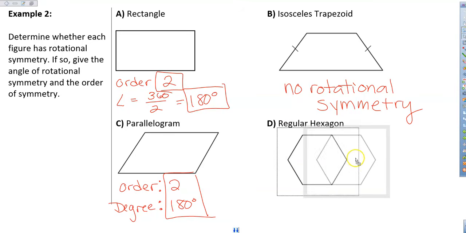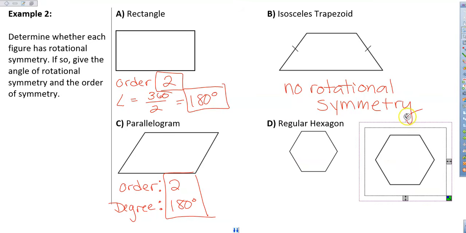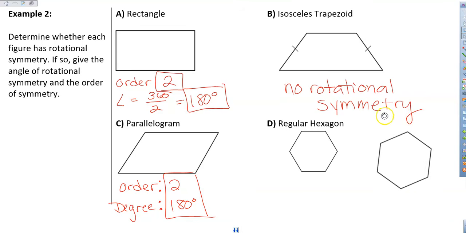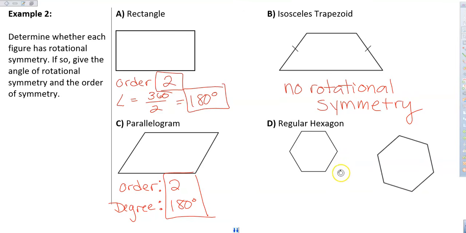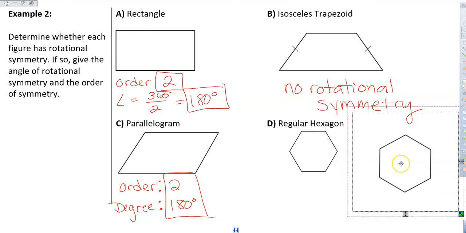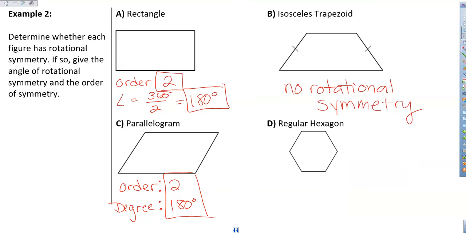When we look at the hexagon, if I start turning, no, yes. Now, notice I stopped about here. I did not get a full 90 degrees. A full 90 degrees actually makes it look different. So a hexagon does not have one of our normal rotations, like the 90, 180, 270.